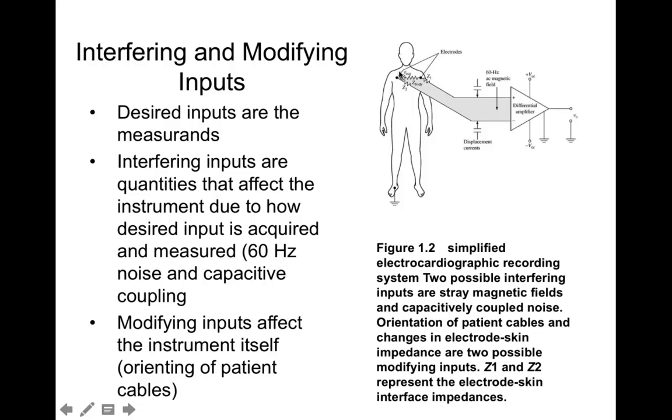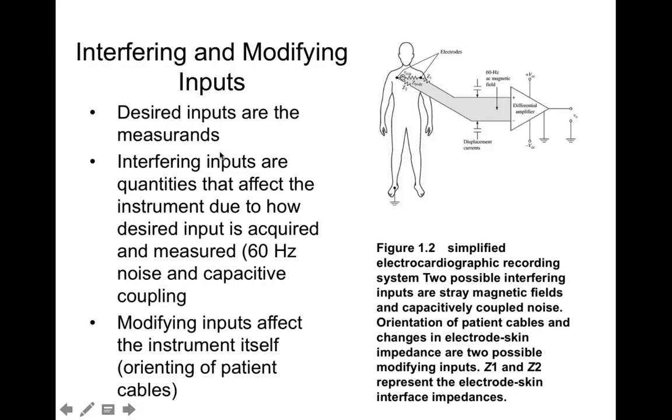So from the body, from the cabling that goes from the body to the differential amplifier, to the signals in the room and the capacitive coupling between various cables in the room, all of that is going into the differential amplifier. So not only is your measurand, your desired input, being measured, but other things too.